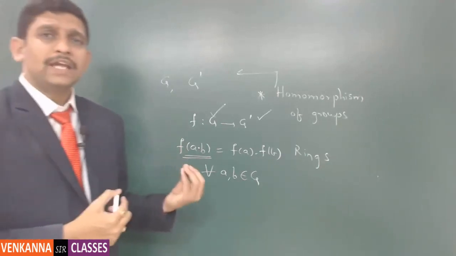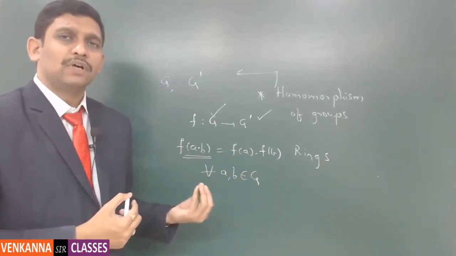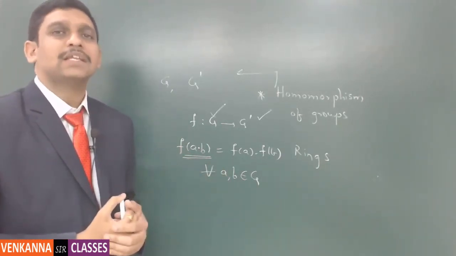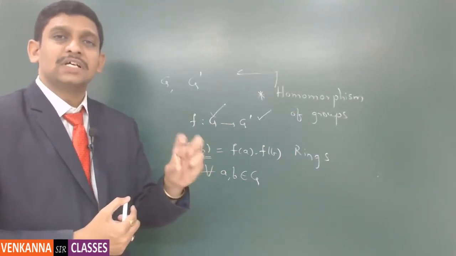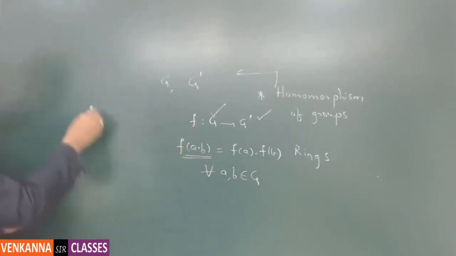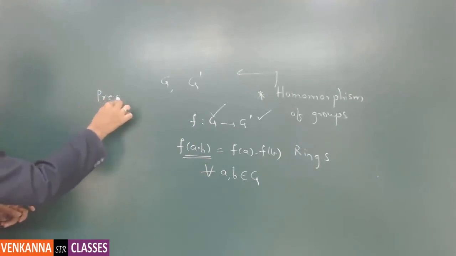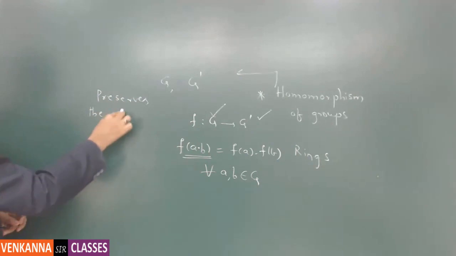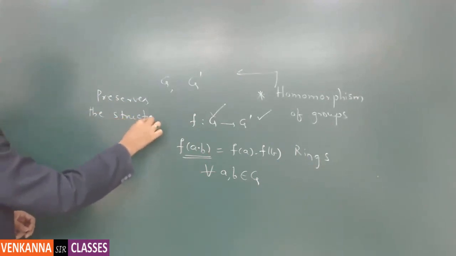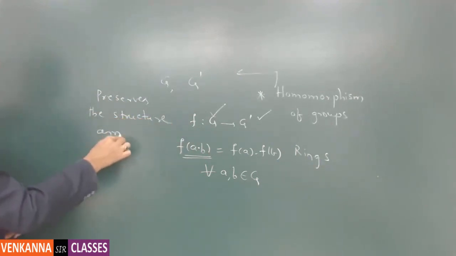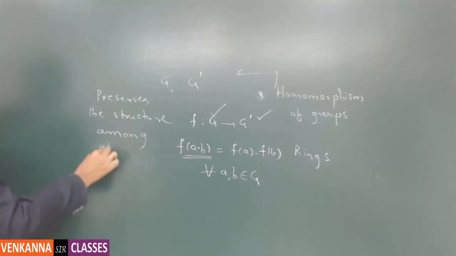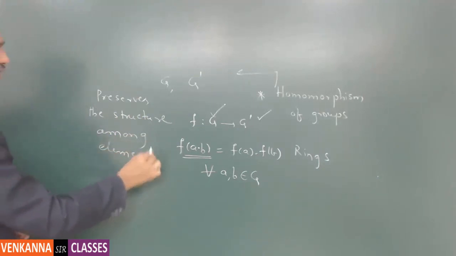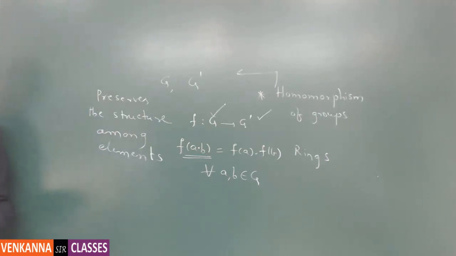The main aim or main use of homomorphism is that it preserves the structure between the elements. That's why we call it a structure preserving function also. So it preserves the structure among the elements.